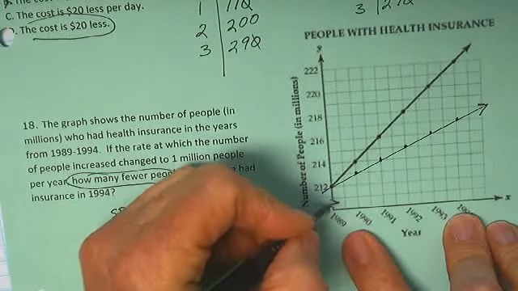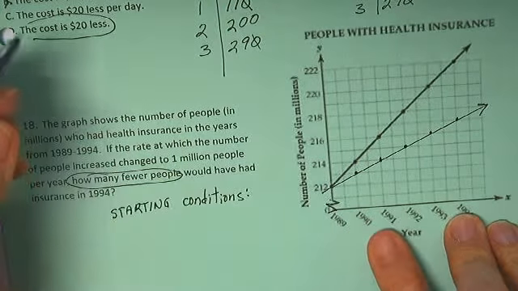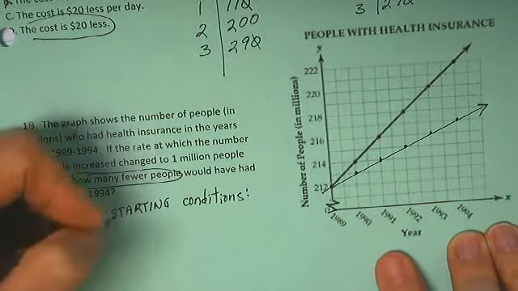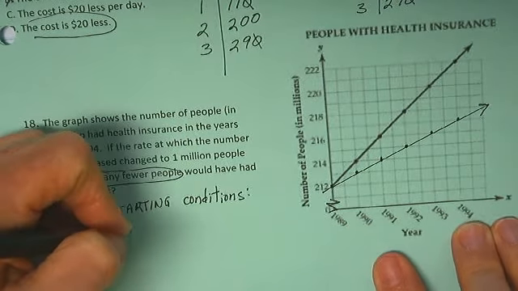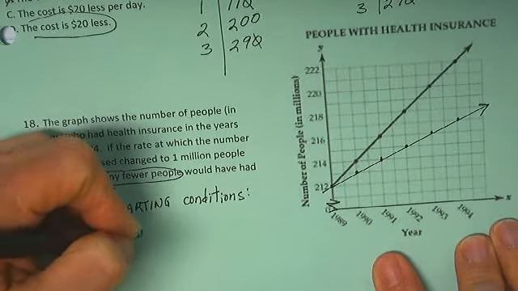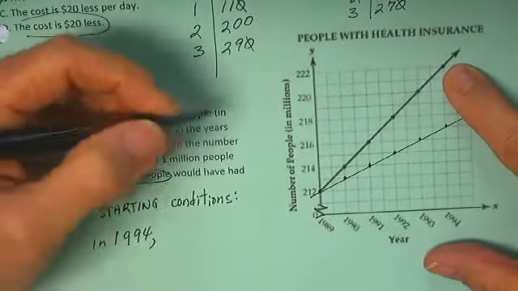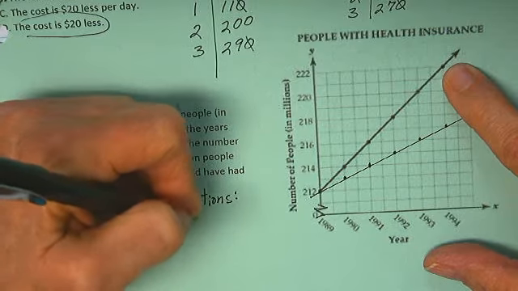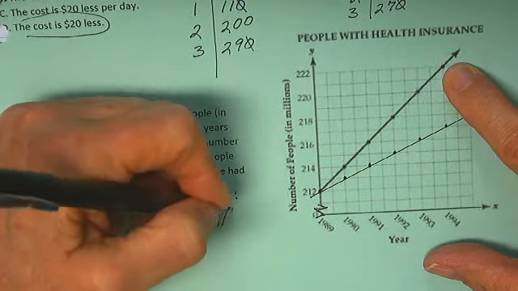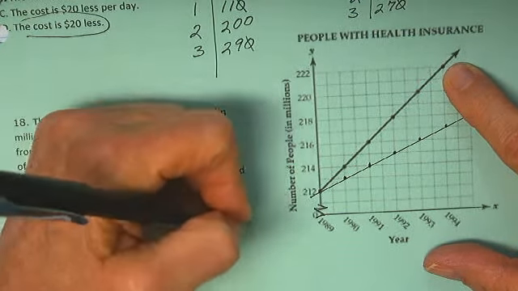Oh, and look, there's my little zigzag. Okay, in 1994, 222 million people had insurance.